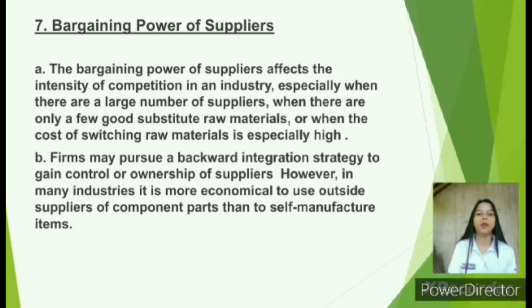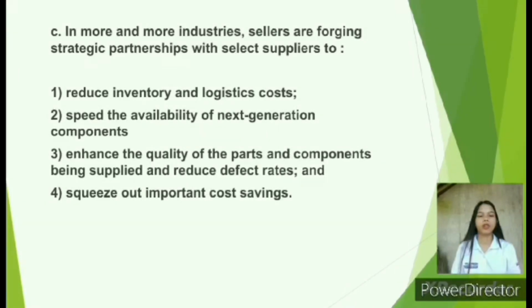B. Firms may pursue a backward integration strategy to gain control or ownership of suppliers. However, in many industries, it is more economical to use outside suppliers of component parts than to self-manufacture items.